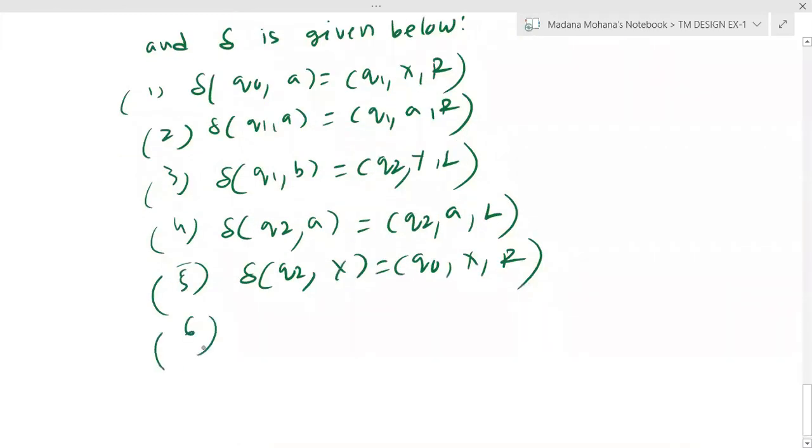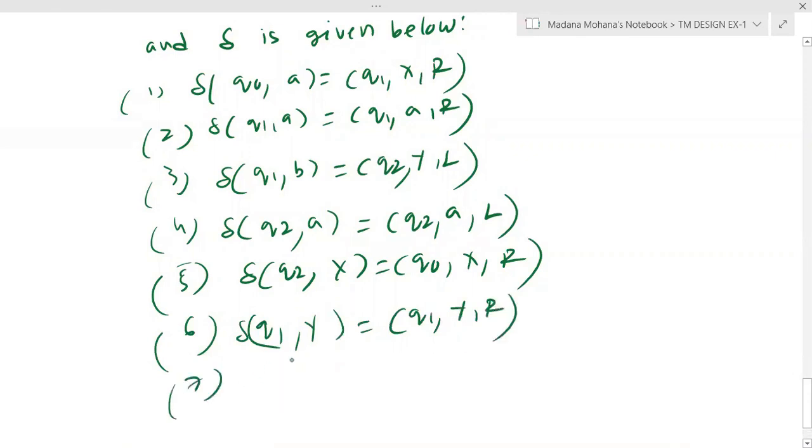Then the sixth transition: at Q1, again if you get Y, delta of Q1 on Y equals Q1 Y R. Then the second B is replaced and you are coming back, you are at Q2.